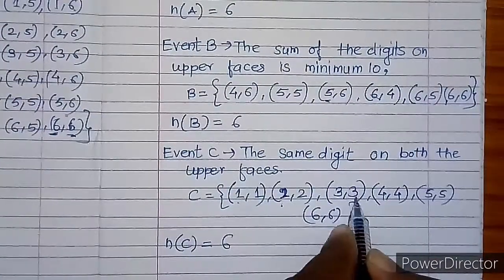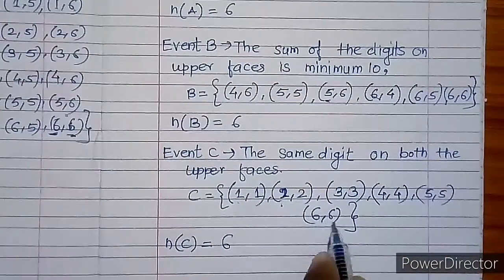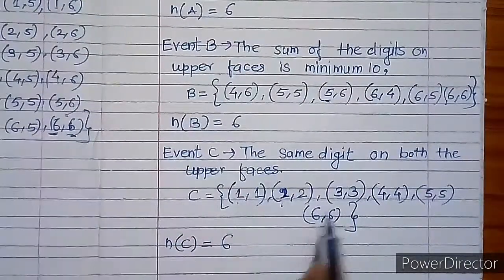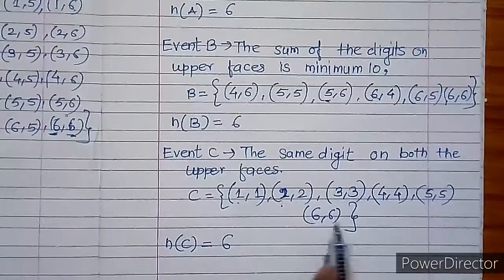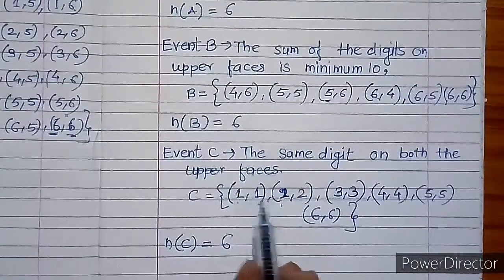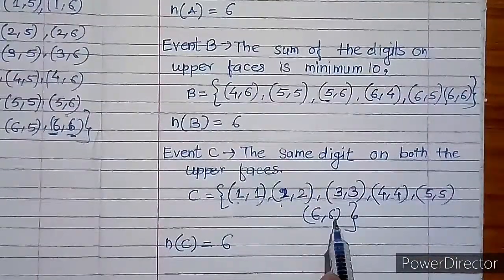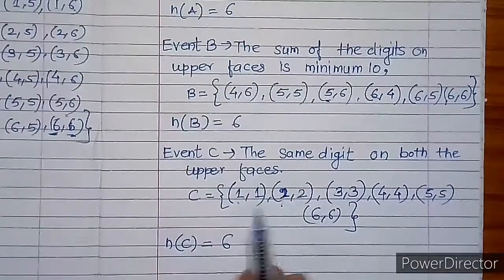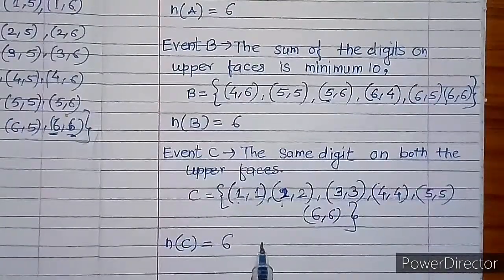Hence 3 comma 3 is also selected, 4 comma 4, 5 comma 5, 6 comma 6, because these digits from both dice are the same. Now the total number of elements in C are 1 2 3 4 5 6. That's why n of C equals 6.